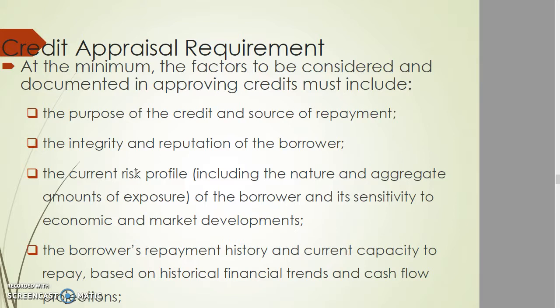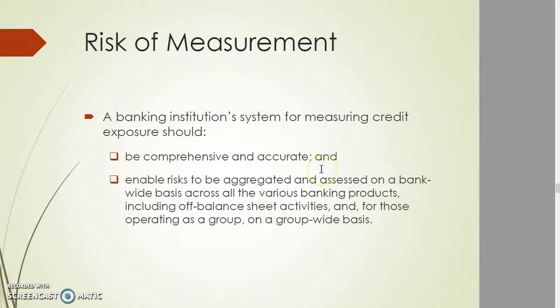How will your company overcome those risks, the economic risk and the market risk, in order to apply for a loan from the banking institution? These are the factors the banking institution will look at in order to approve credit to their customers, and you can use this information for your group assignment too.